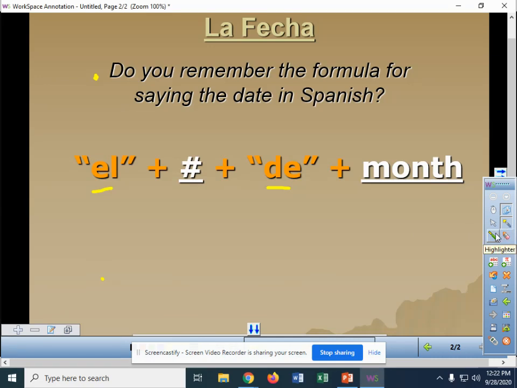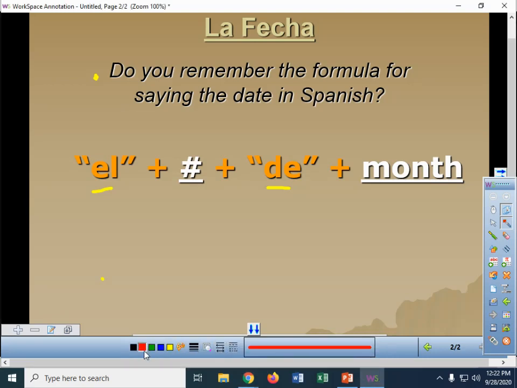So let's practice writing these. I'm going to put Benjamin's birthday. Oh my goodness. All right, so we're going to practice writing dates in Spanish now. So I have el and de.